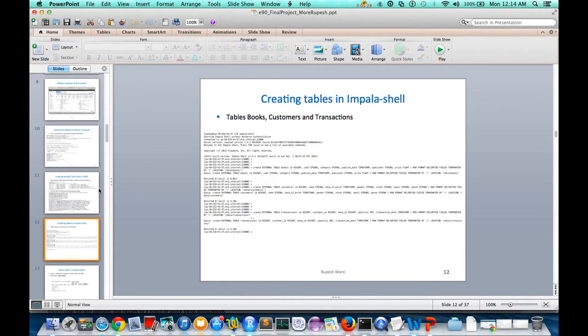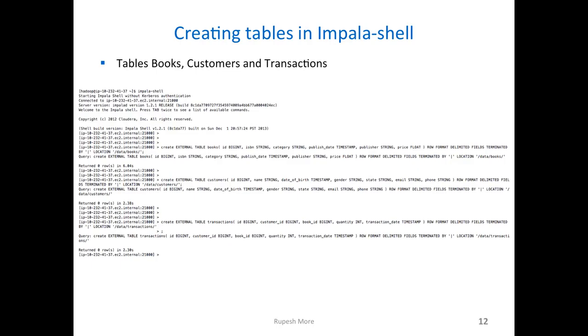Let us go to the next slide. Creating tables in Impala-shell. These are the statements after connecting to the Impala-shell. Here we have three create table statements: books, customers, and transactions tables.